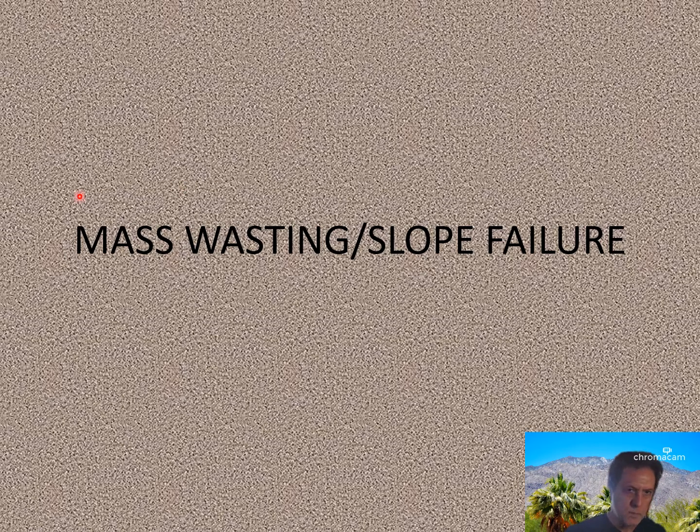Okay, so we're going to switch gears a little bit. We're going to talk about the processes of mass wasting, landsliding, and slope failure. This has to do with sedimentary rocks having planes of weakness or being sheared up because of faulting, which causes movement of material on a hillside, which eventually, through gravity and water, can cause damage and destruction as this material moves down.